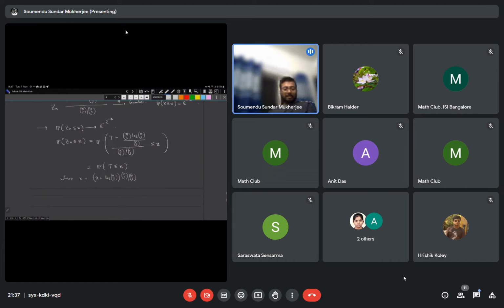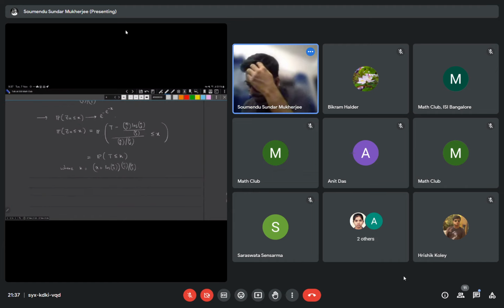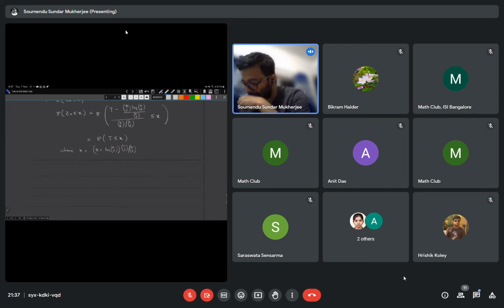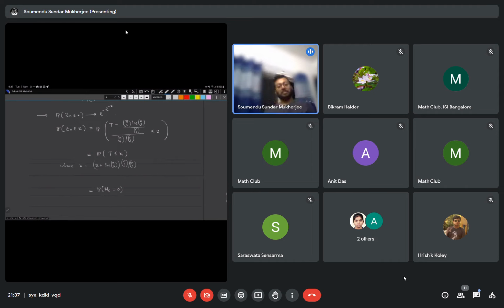So if T is less than or equal to k, what can I say about N_k? N_k is 0. Very good. So we want to show that the probability N_k equals 0 converges to e to the power minus e to the power minus x.